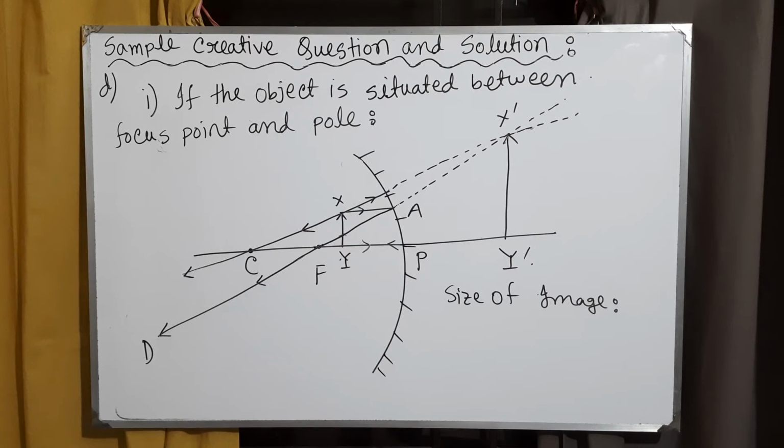In this case we get a virtual and erect image of the object. So here we get a bigger image, so dentists usually use this mirror. And we can explain it in another position or another ray diagram.